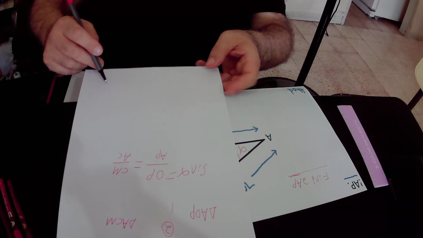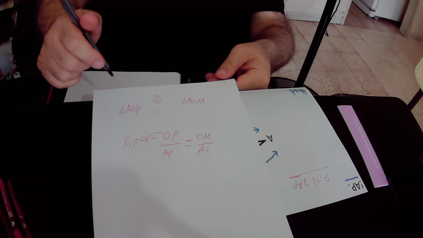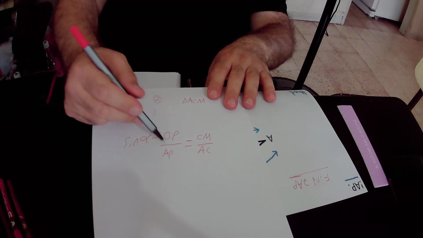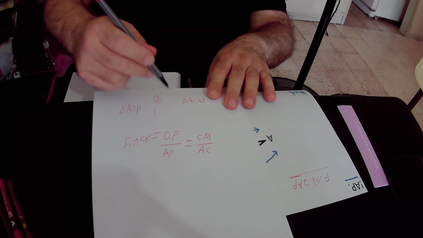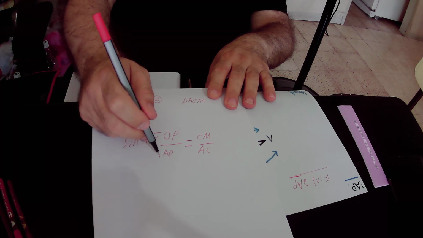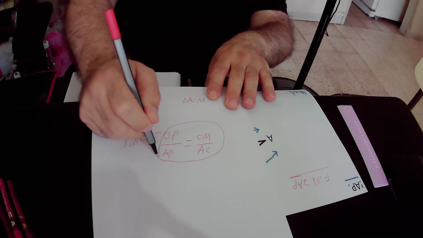Okay, so we have in total the equality that sine alpha equals OP over AP, that equals CM over AC. Now we will write again this equality, and in this way we will create the first equation.